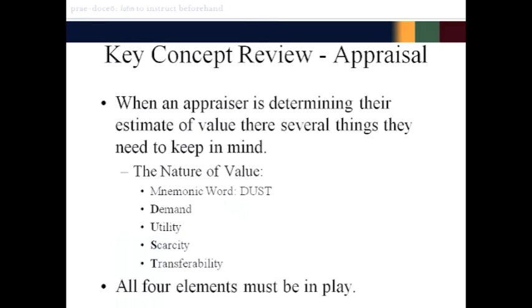Each one of those letters stands for an essential element of value. Demand, utility, scarcity, and transferability all spell DUST. 4 essential elements of value: demand, utility, scarcity, and transferability. Every single one of those essential elements must be in play or you don't have any value.